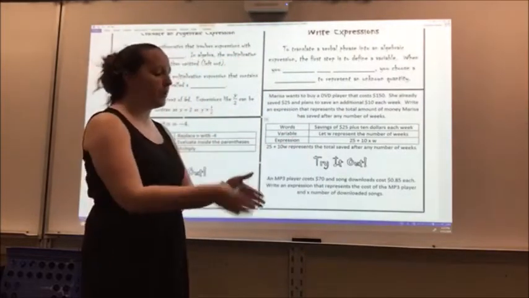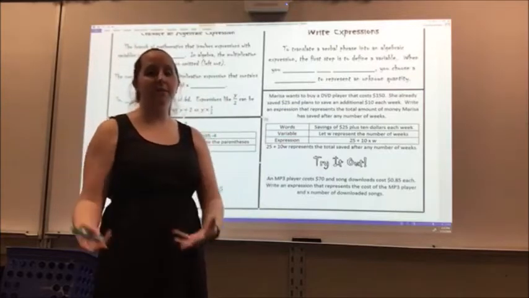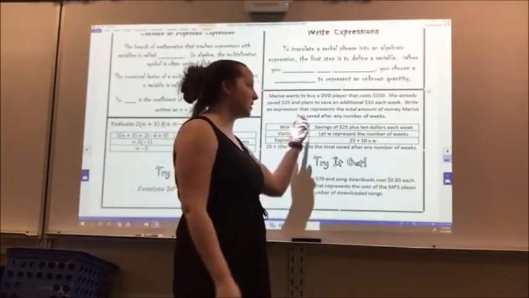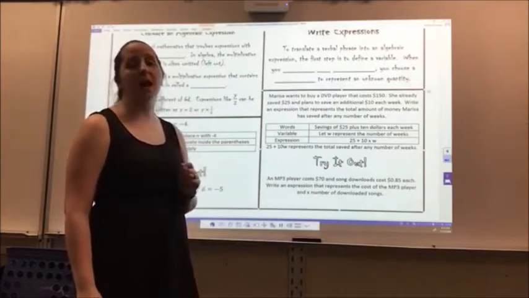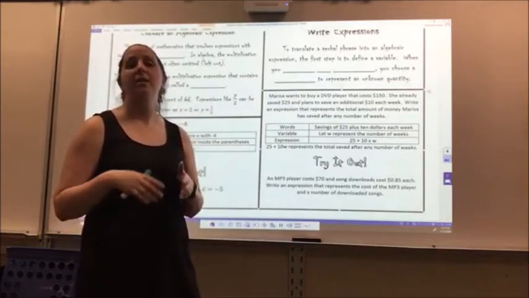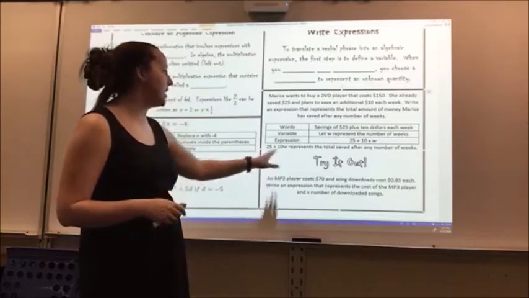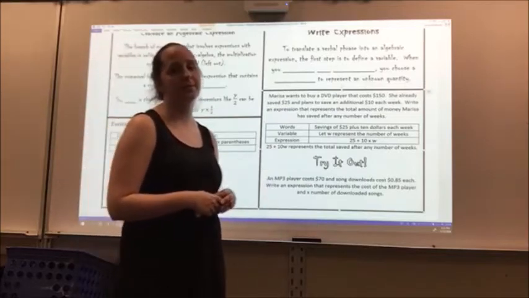So I start with 25 and then I'm adding on 10 times my number of weeks. I'm going to let W represent the number of weeks because that's what I'm being asked for. So 25 plus 10 times W, because she earns $10 every week. So 25 plus 10W represents the total saved after any number of weeks.